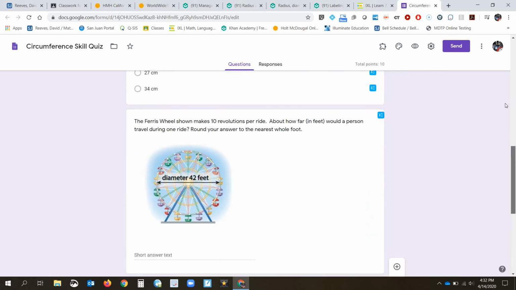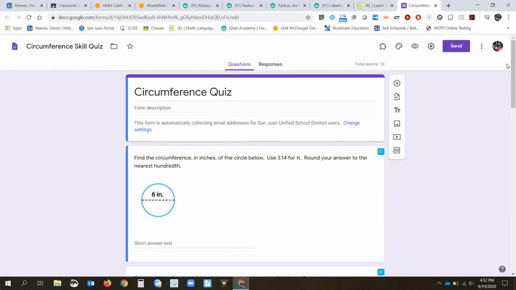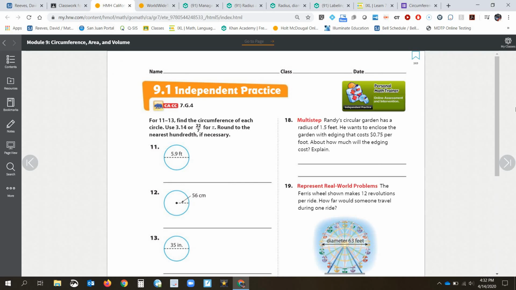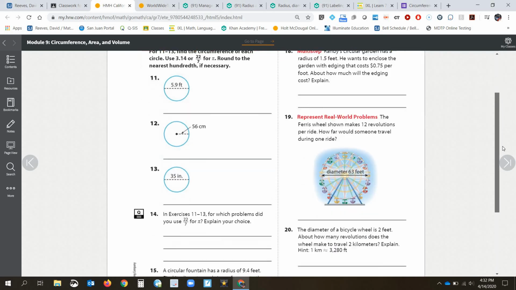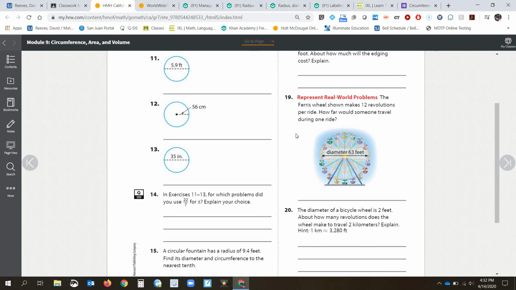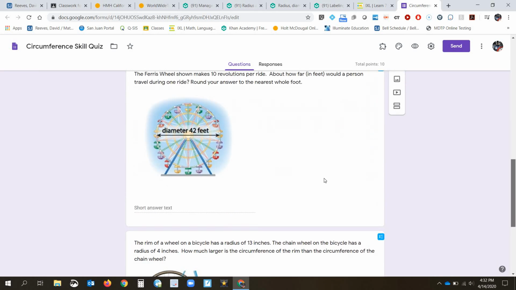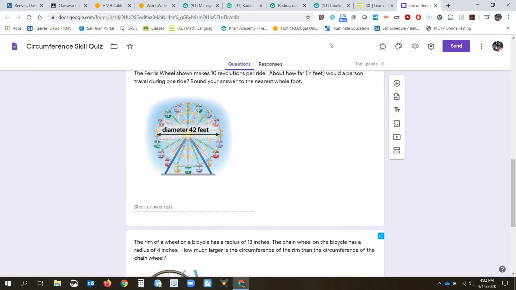Now, I'm going to be 100% honest with you. The main source I look at when I'm building these quizzes is the textbook. Specifically, I'm going to look at what were those key problems that I assigned. And if you look, here's number 19. This is one of those problems that I said you know how to do. And take a look right here in the skill quiz. There's one just like it.